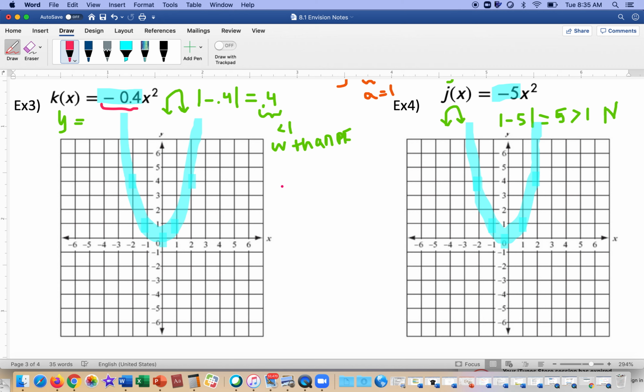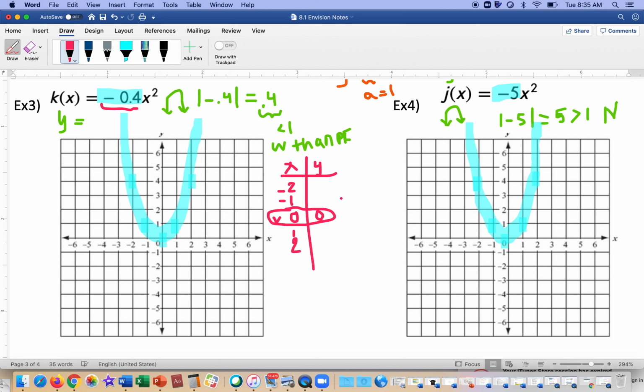Okay, so let's just quickly make a table. I'm going to write x, y. I'm going to always have my vertex in the center, and we know for this, when it's y equals something x squared, your vertex is always 0, 0. I'm going to pick two values on either side, 1, 2.